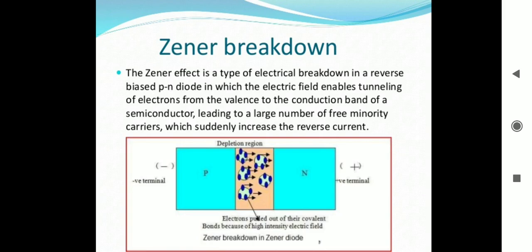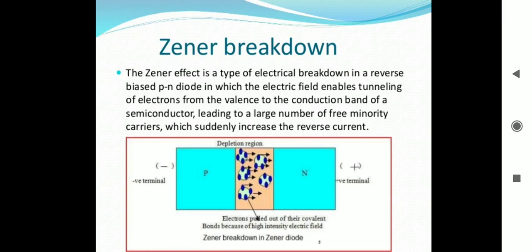When a reverse voltage of 5 volts or less is applied to a Zener diode, it causes a very intense electric field to appear across a narrow depletion region. This intense electric field is strong enough to pull some of the valence electrons into the conduction band by breaking their covalent bonds.